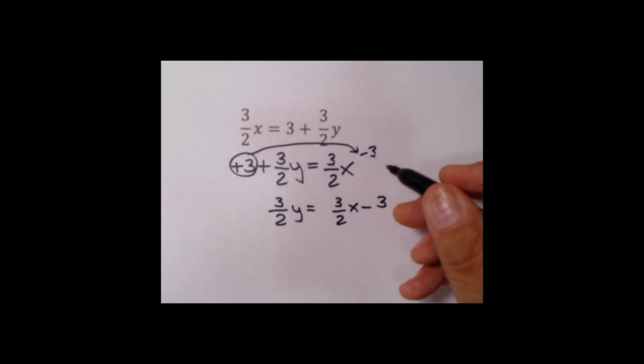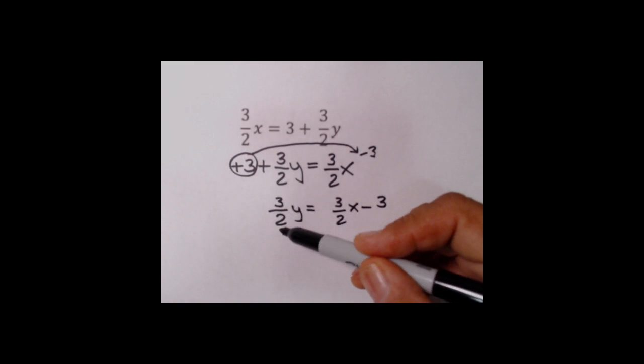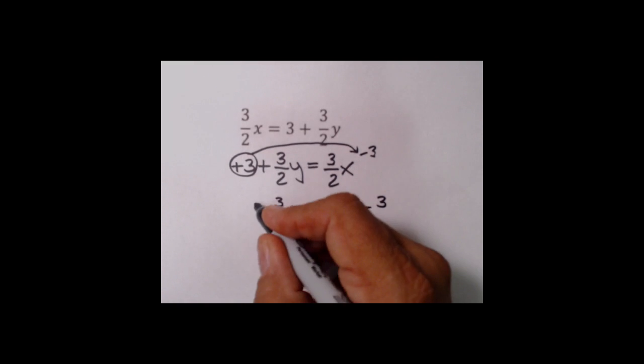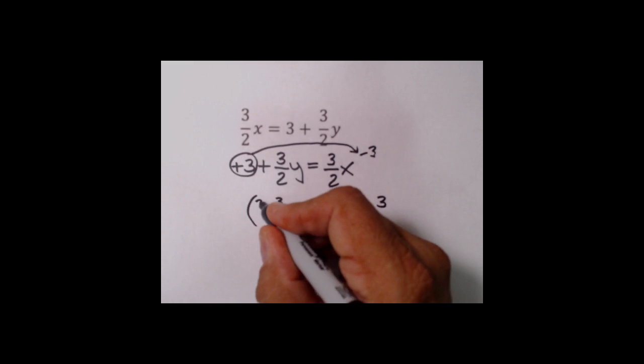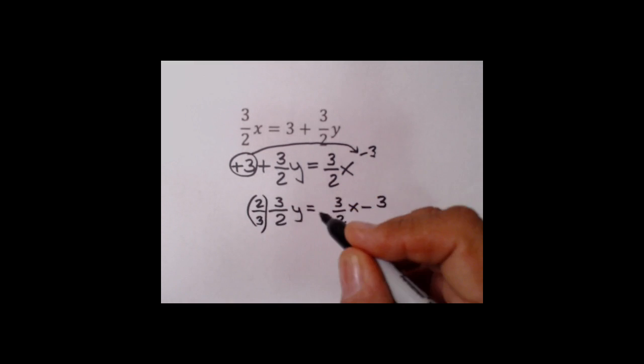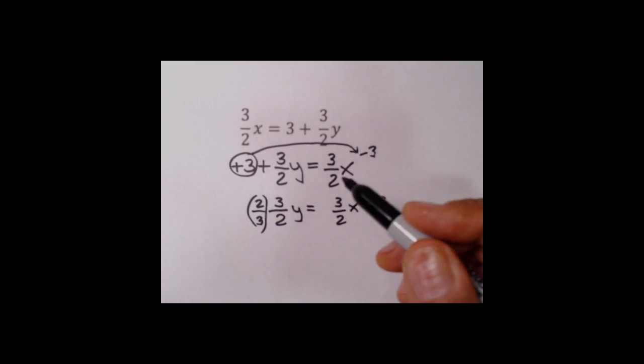Okay, now, what's the easiest way to turn this coefficient, 3 halves in front of the y, into 1? Multiply it by its reciprocal. Anytime you have a fraction times your variable, it's just on one side like this, then we can turn around and multiply by the reciprocal.